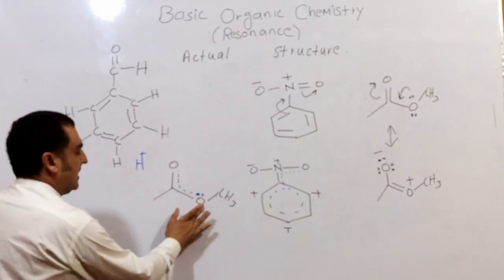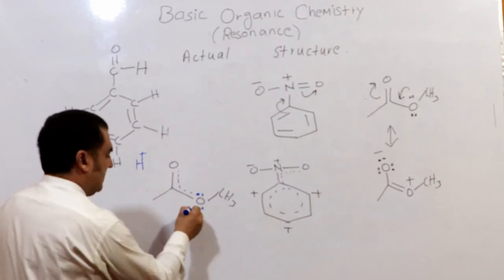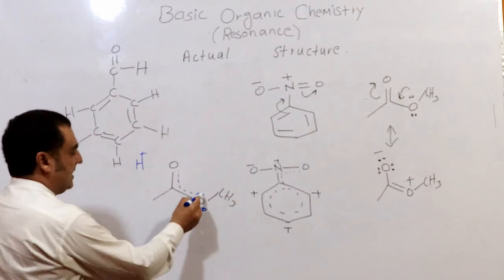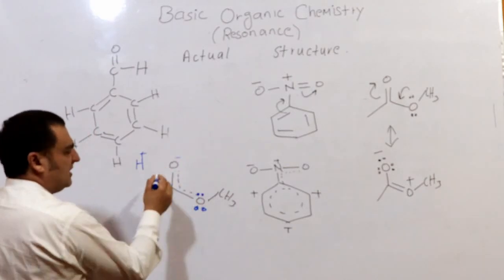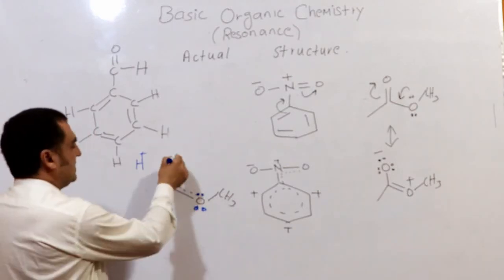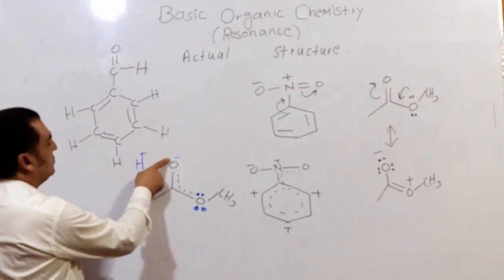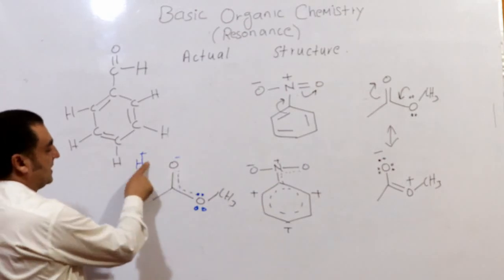So the actual structure is like this. I should write it big, and one of the lone pairs a little bit smaller, and the negativeness appears here. It's not very much negative, but you can say it's a little bit more negative than neutral. So those electrons of the bond will attack it, okay.